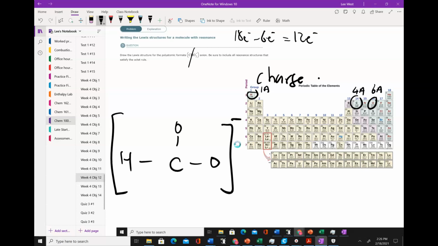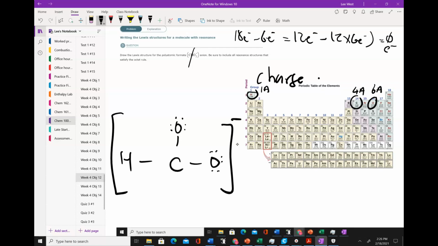Then I work from the outside in, completing octets. Hydrogen is happy with its share of 2 electrons, but the oxygens need 3 lone pairs in order to get up to an octet. So I added 6 electrons to each of the 2 oxygen atoms, and that leaves me with 0 electrons left.